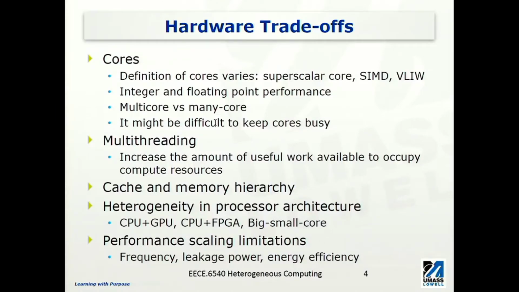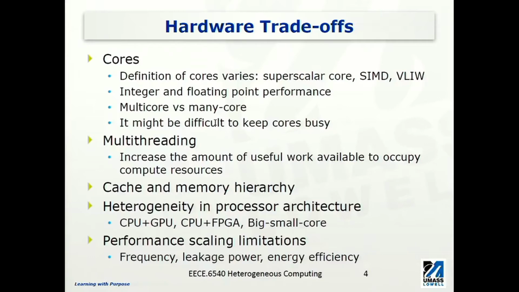Overall, when people design different processors, they have many things to consider, and oftentimes they have to make design trade-offs. For example, you have to think about whether you want a single core processor or multiple processors. If there's a single core, what kind of internal designs do you want to leverage to improve the performance? And the definition of the core varies.